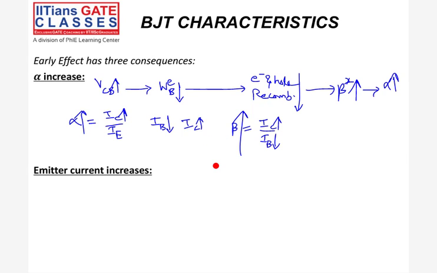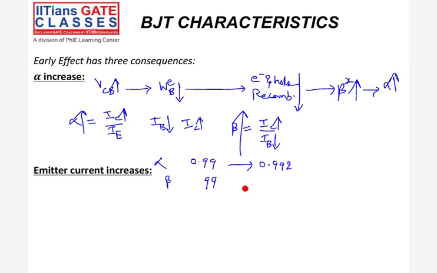So how is it? Suppose alpha was 0.99 and it increased to 0.992. This much increment is there in alpha. Now what will happen to beta? How much was it?